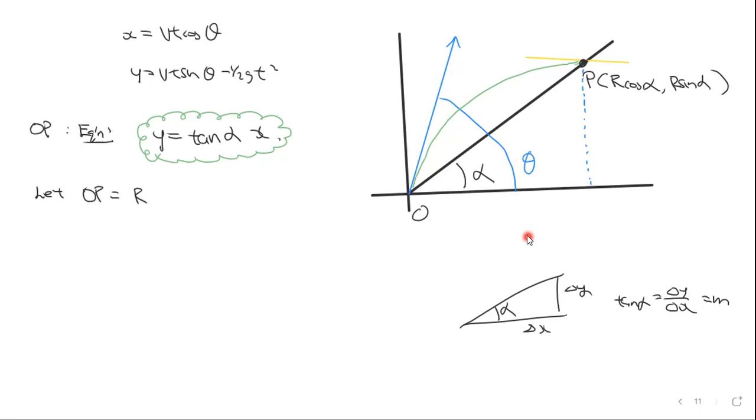So we know that there must be a point T. So at T equals capital T, x equals R cosine alpha, and y must equal R sine alpha. So there is some particular T with that. And not only do we know that, but we also know that y dot must equal 0 as well, because it's the maximum height at that point.